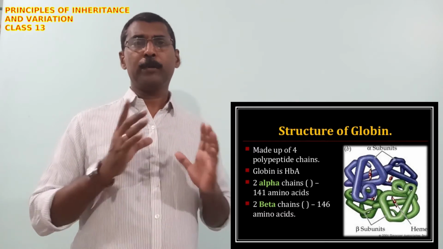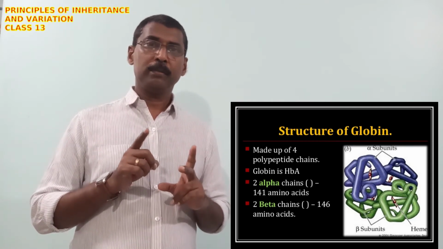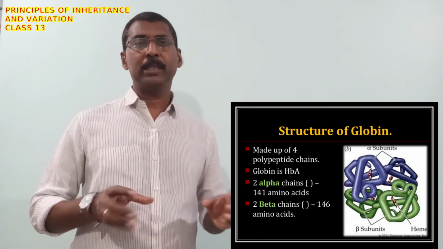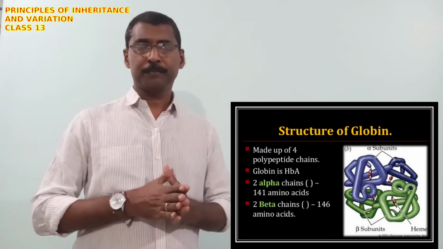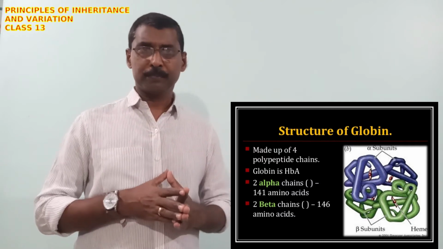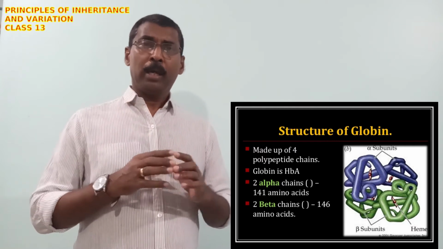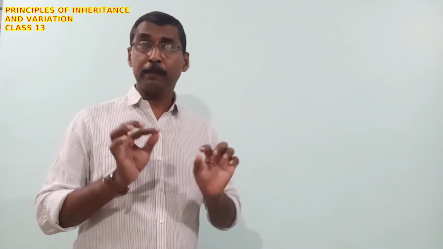Out of these four polypeptide chains of the globin, two are known as alpha chains and two are known as beta chains. They are polypeptide chains. So this is the normal hemoglobin, and the polypeptide chain is made up of amino acids. For every polypeptide chain there is a specific amino acid sequence.